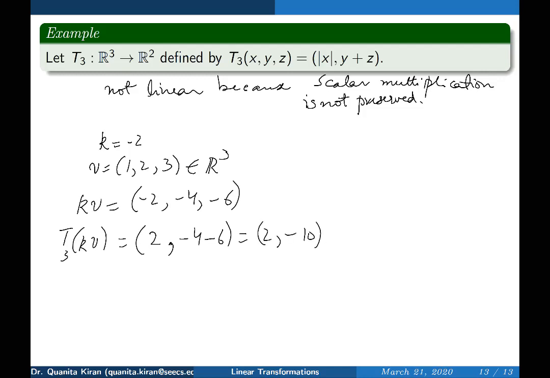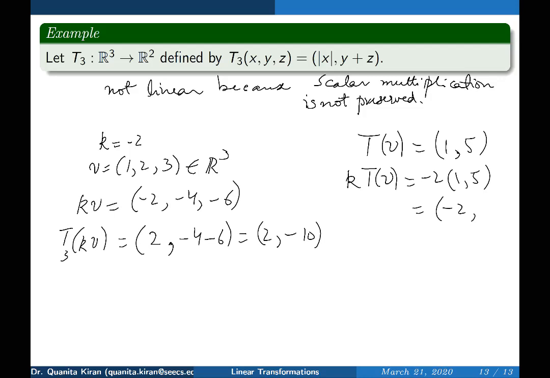On the other hand, if we take the image of v, it is (1, 5), and if we take k times the image of v, it is -2 times (1, 5), which is equal to (-2, -10). If we compare these two, again they are not equal, so we can say that T3 is not a linear transformation.